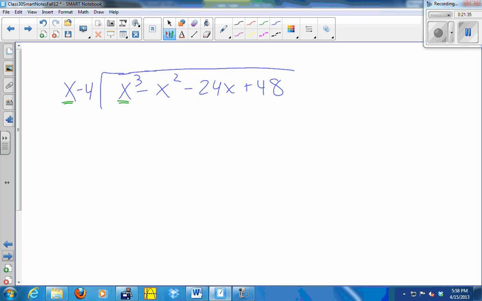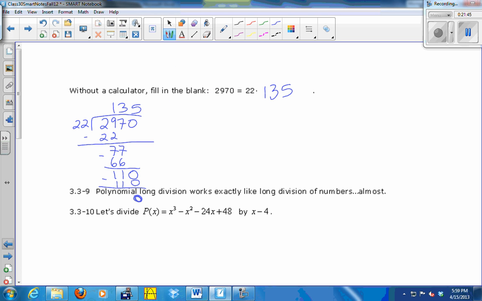So I'm going to say, okay, x goes into x cubed x squared times, and I'm lining it up with the term that it's like. Right? So I do that with the numbers also. I lined it up with its place value. When I said 22 into 29, I was really dividing 22 into 2900. And the answer was 100, so I put the 1 in the hundreds place.